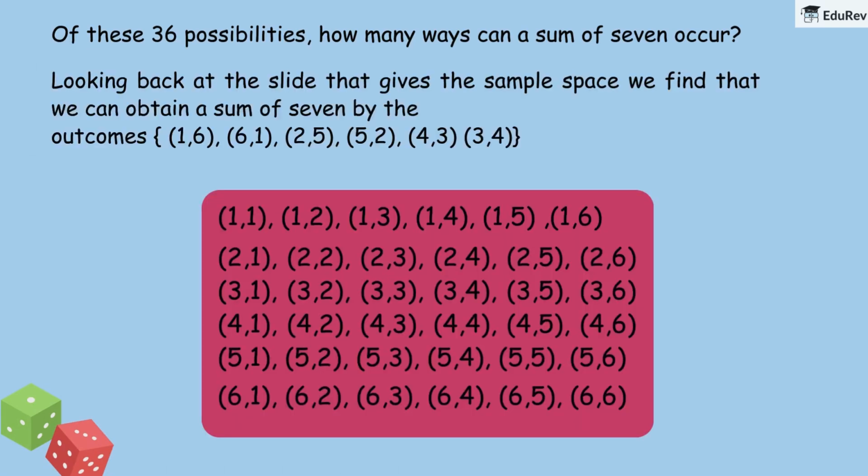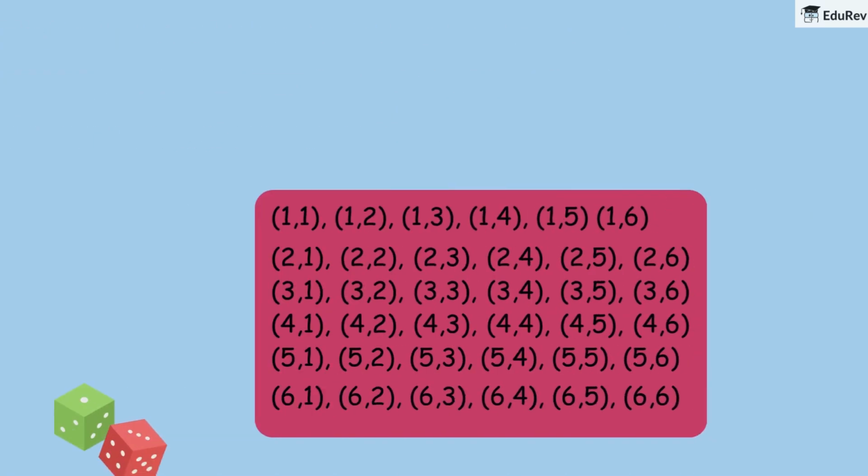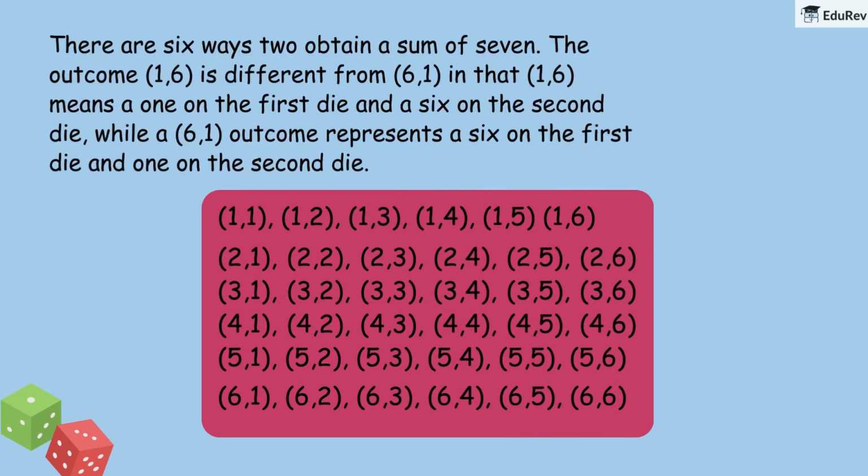We can obtain a sum of 7 with the outcomes 1-6, 6-1, 2-5, 5-2, 4-3, and 3-4. It is important to note that there are 6 ways to obtain a sum of 7. The outcome 1-6 is different from 6-1 in that 1-6 means a 1 on the first die and a 6 on the second die, while a 6-1 outcome represents a 6 on the first die and 1 on the second die.